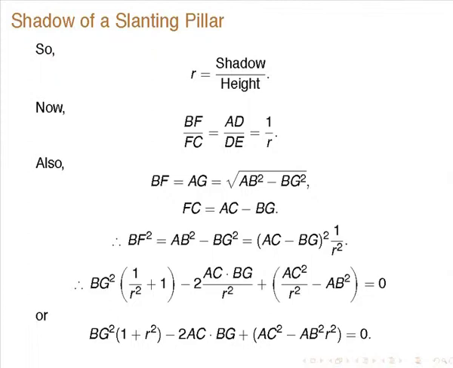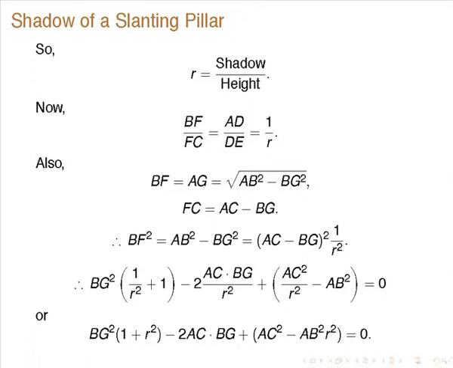So then BF is equal to AG in the figure, that is the perpendicular. So that is the square root of AB squared minus BG squared, and FC is equal to AC minus BG. So BF squared is AB squared minus BG squared.